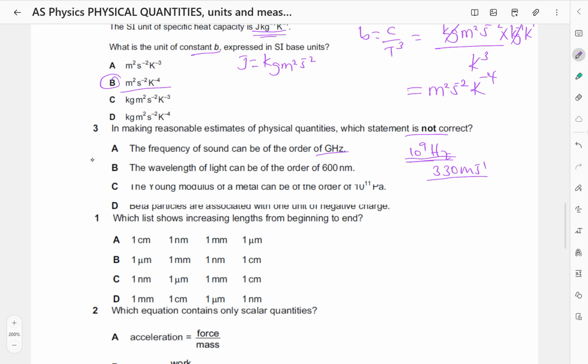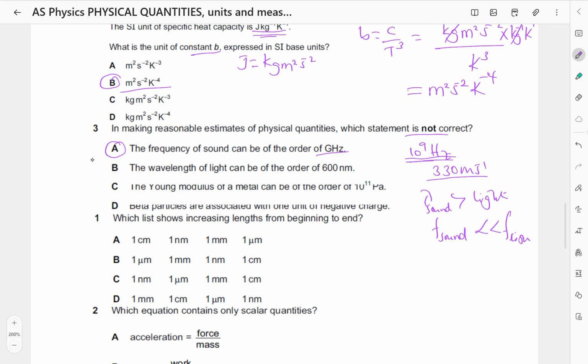Since the wavelength of sound is greater than that of light, the frequency of sound should be much less than the frequency of light. And 10 power 9 hertz is a frequency in the region of electromagnetic waves. So it could be the frequency of one of the electromagnetic waves, which means this one is not a reasonable estimate.